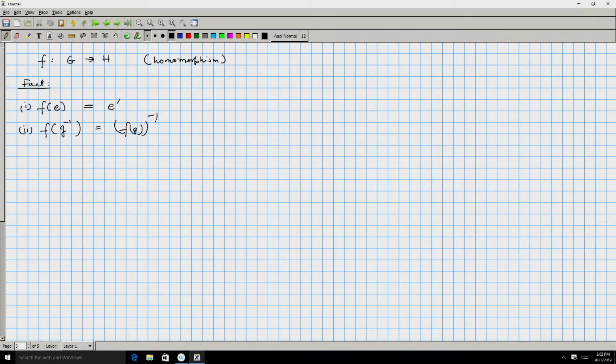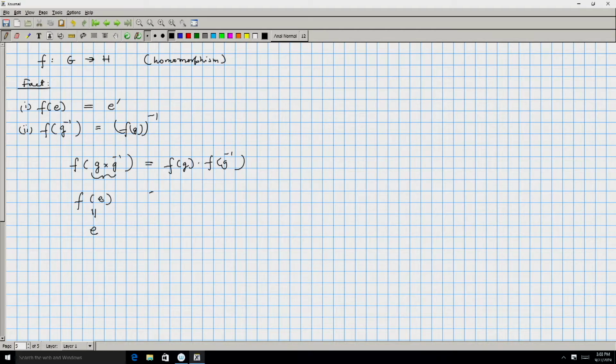We will just verify the second part. Let us look at f of g times g inverse. By virtue of being a homomorphism, this must be equal to f(g) times f(g inverse), and g times g inverse is going to be identity. So, this is f of identity, and f of identity is equal to identity.